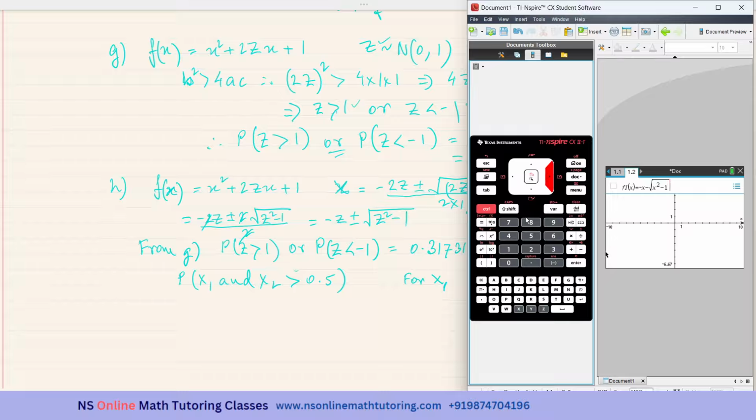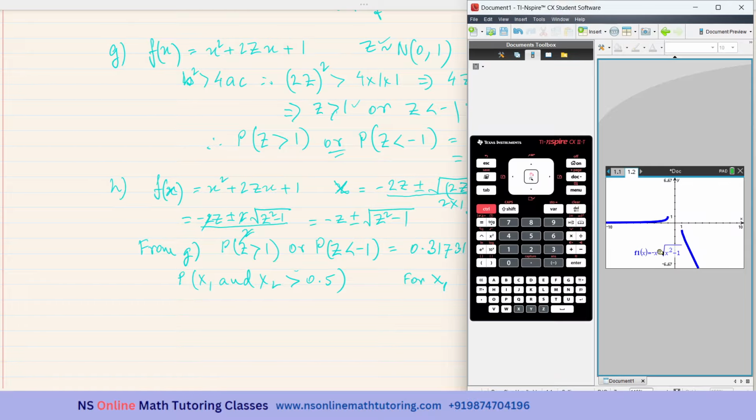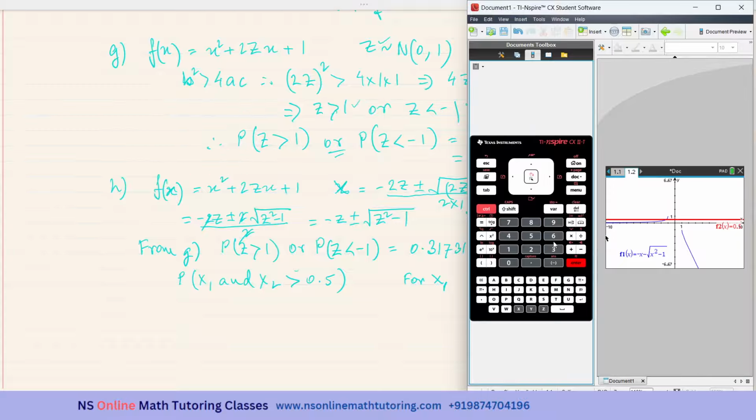Okay, so graph, fine. And I have to get another horizontal line, 0.5. Fine. So 0.5. Enter. So I'm seeing this small portion above this 0.5 line. Okay, let me get the intersection point.